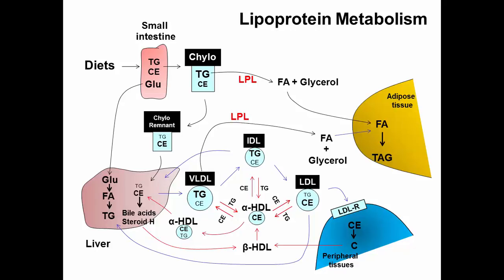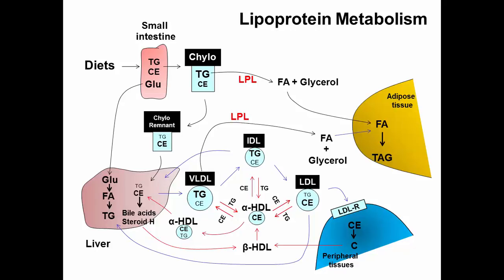So the liver also gets some triglyceride from the chylomicron, initially from the diet, and packs it into VLDL. In the meantime, because in the fed condition we also get carbohydrate, we get glucose. Glucose can be converted to fatty acids through the lipogenesis pathway for the synthesis of triglyceride.